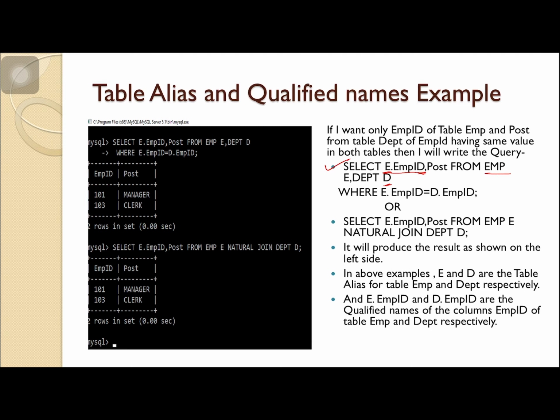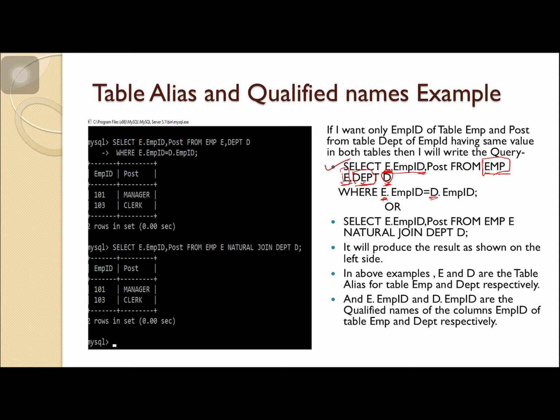Here E and D, these are the nickname of employee and department table. You can see employee, and after space, we have written E. Department, we have written D.